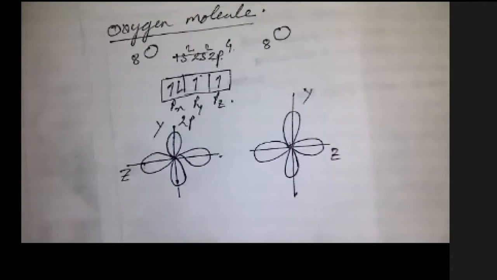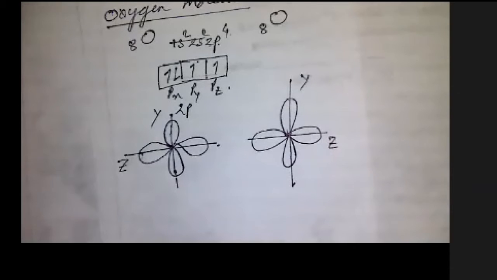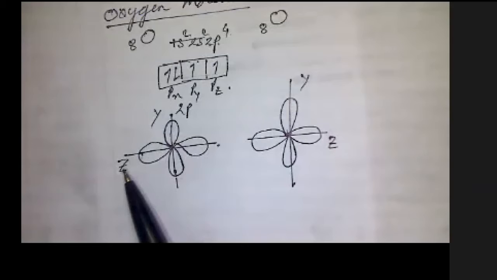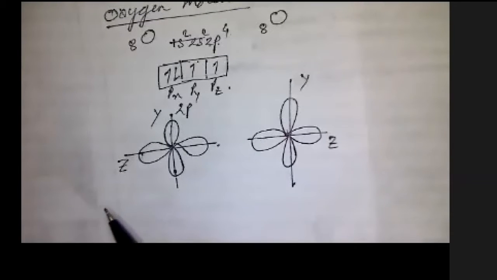I have told you Px will overlap only with Px, Py with Py, and Pz with Pz. So here you have Py and Pz. It's not necessary Py will combine first, then Pz. Any one can combine first, then the other one will combine after that. All are equivalent. X, Y, Z, when we are writing, it's our imagination, just to distinguish between them.